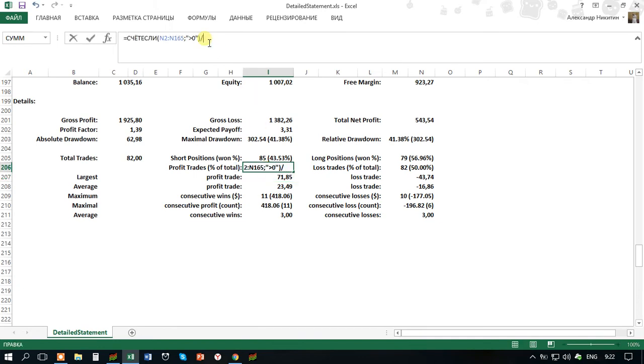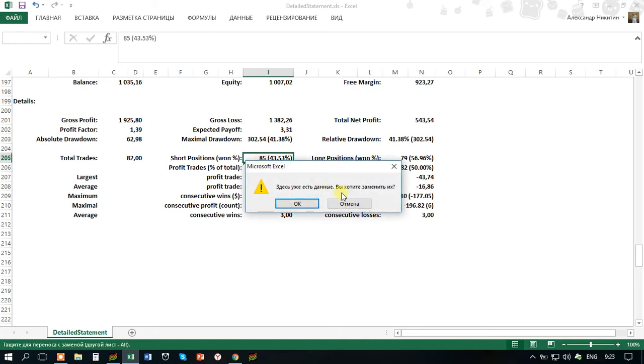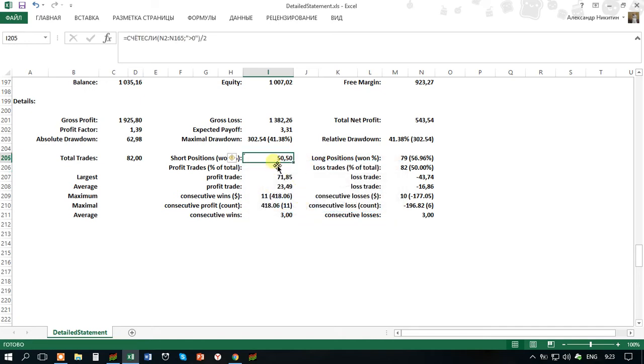It should be divided by 2 to see the number of profitable patterns. Okay, here's the number of profitable patterns. And it should be this. Yes, replace them. Let it be here, the number of profitable trades. But here I will calculate the percentage.